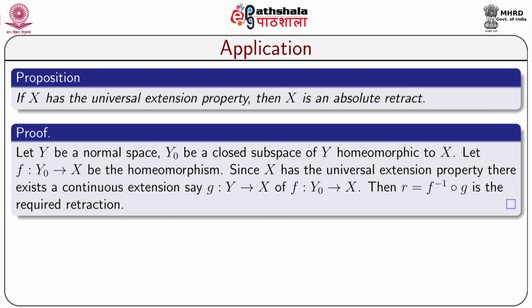Since capital X has the universal extension property, there exists a continuous mapping, say g, from capital Y to X extending f. Then r equal to f inverse composition g is our required retraction.